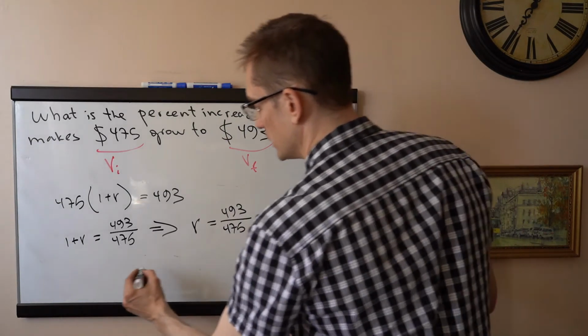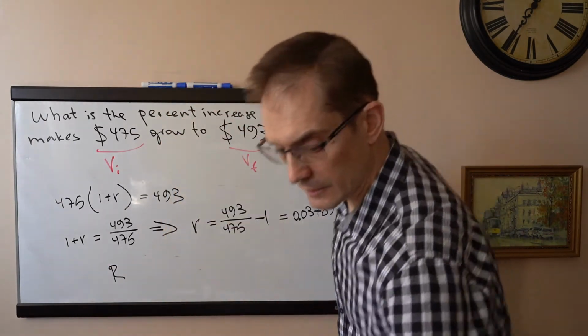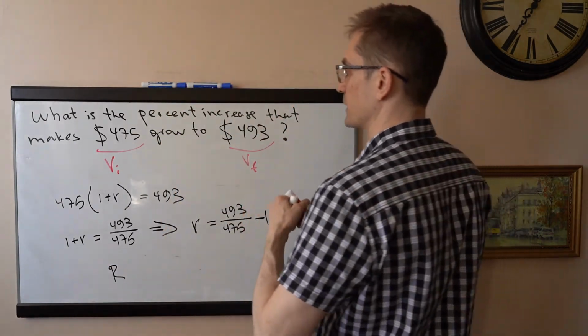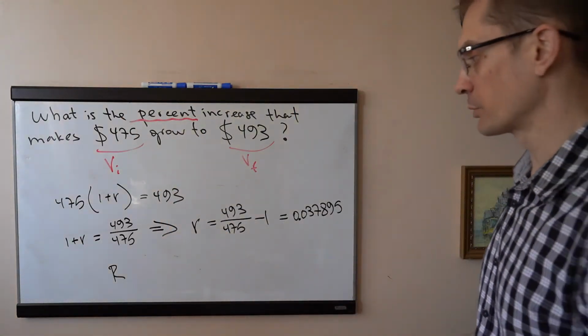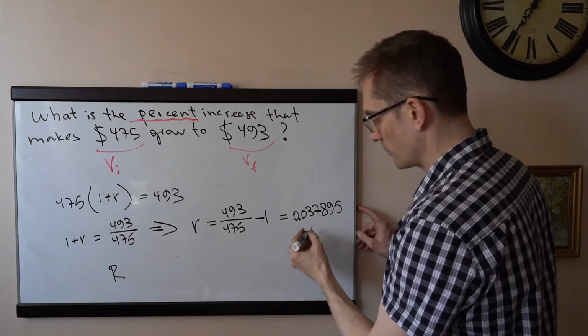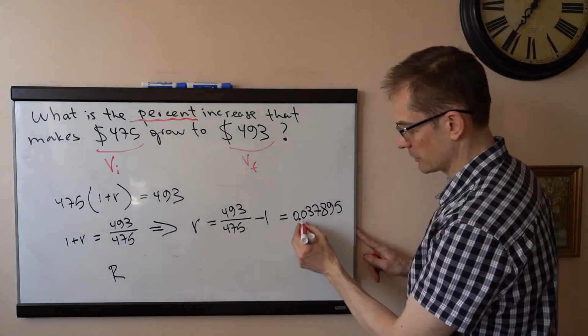You need r, right? You need the percent increase. Remember, the problem is asking for percent, which is rate per 100. So you need to multiply this rate per 1 by 100.